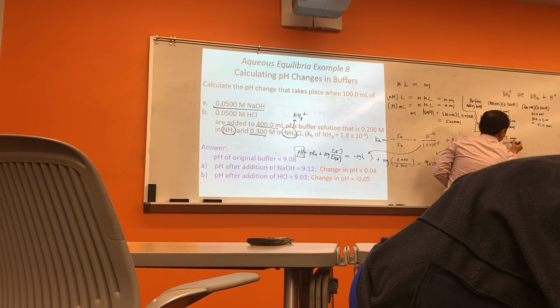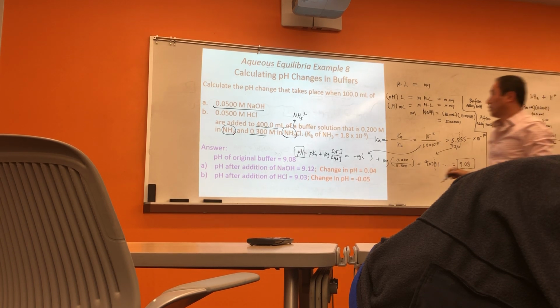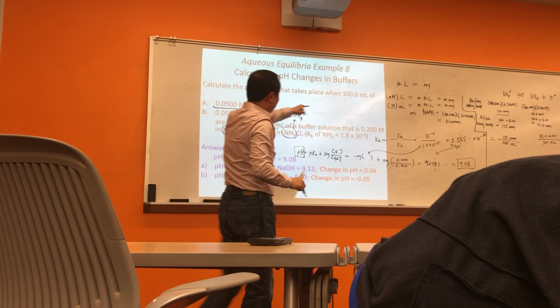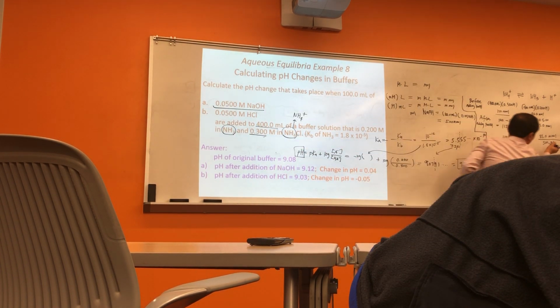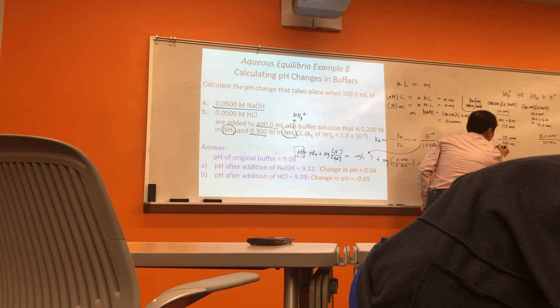So 500 milliliter. For this guy, you have 85 millimole. Total volume is again 500 milliliter. Now, the milli and milli prefix will cancel.